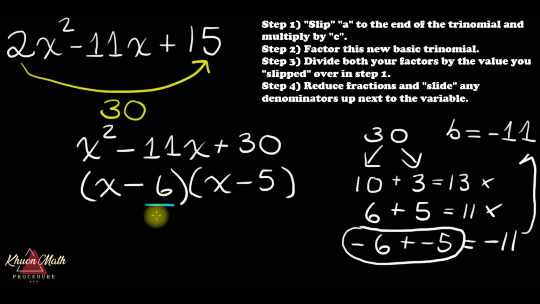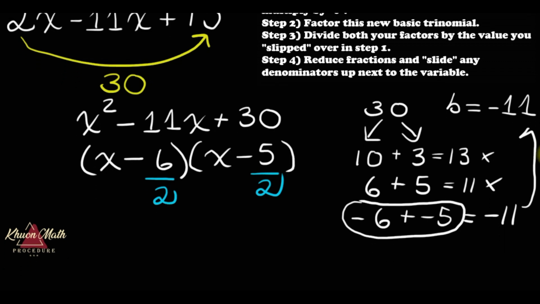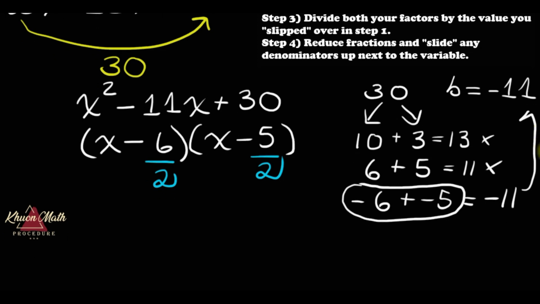So we divide this by 2, and then we divide this by 2. Okay, so that's step 3. Now moving on to step 4, which is to reduce the fractions and then slide any denominators up to the next variable.